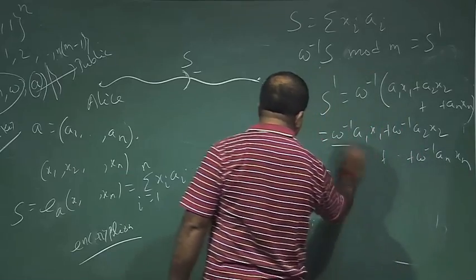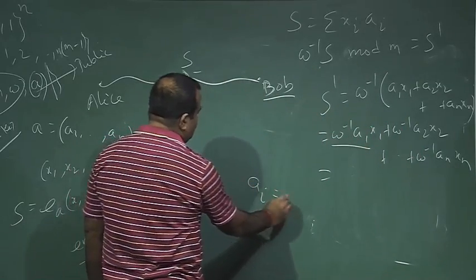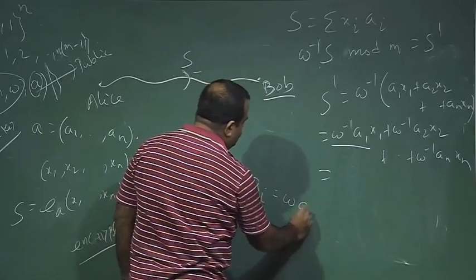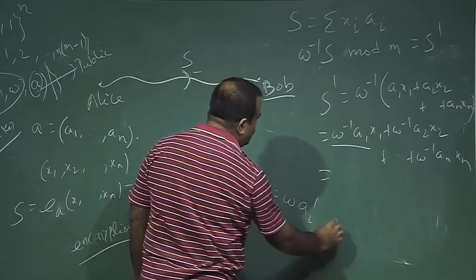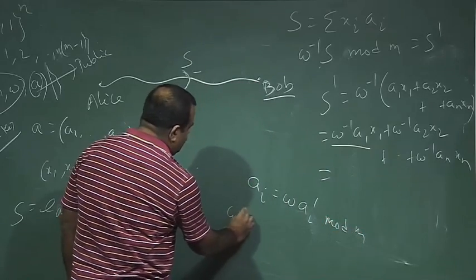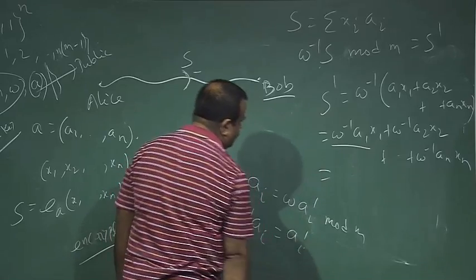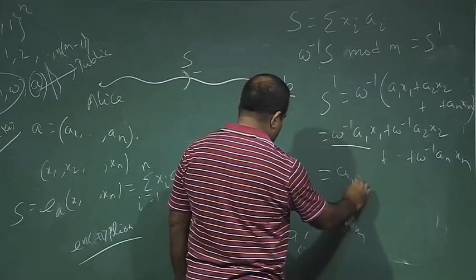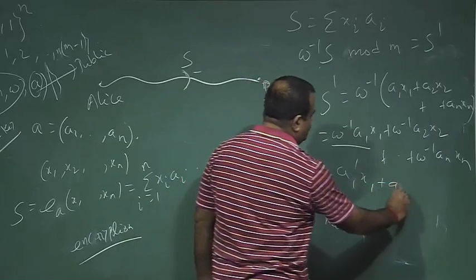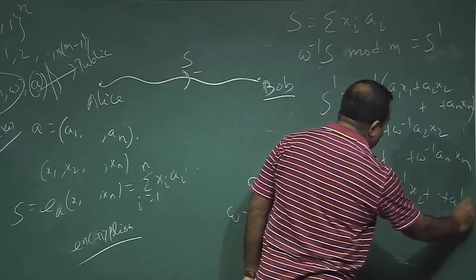Now the ai we get from the super increasing sequence by multiplying W ai prime mod M. So if you multiply by W inverse, it will give us just the ai prime mod M. So this is A1 prime x1 plus A2 prime x2 and so on plus An prime xn.